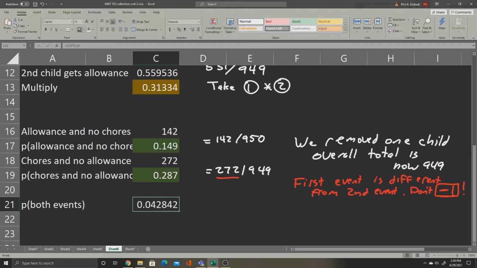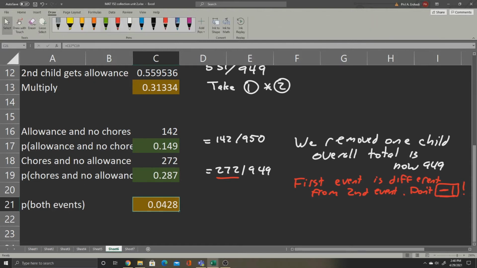So the probability of selecting two children in a row, one of them who does allowance and no chores, and the second who does chores but gets no allowance, is 0.042842, a very small probability. Again, we can reduce the decimal. We'll say it's a little bit greater than 4%. So once again, just like before, we are just going to multiply the first probability times the second probability. That's what's going to give us our final answer.